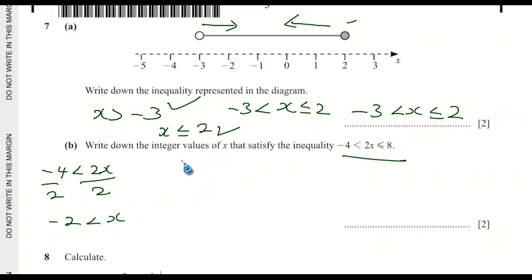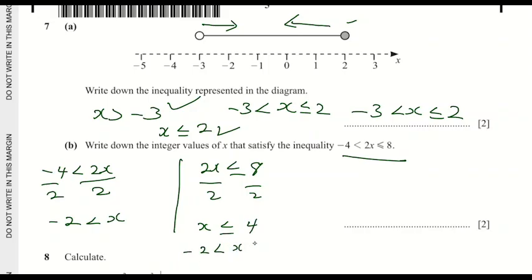Then the second part is 2x less than or equal to 8. Divide both sides by 2. So you have x less than or equal to 4. So that means minus 2 is less than x, and x is less than or equal to 4. So the range of the values is minus 1, 0, 1, 2, 3, and 4.